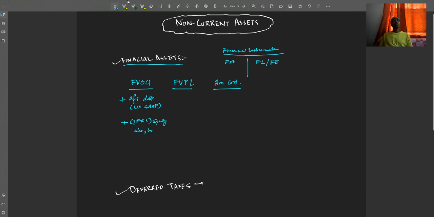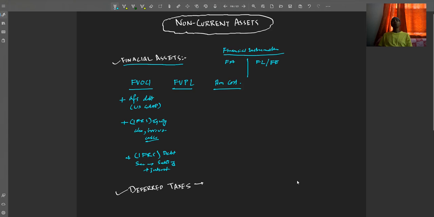This is an irrevocable classification. Again, under IFRS, any debt security that can be used for both selling, that is capital gains, and for interest income, this kind of a debt security can be put into fair value through other comprehensive income.